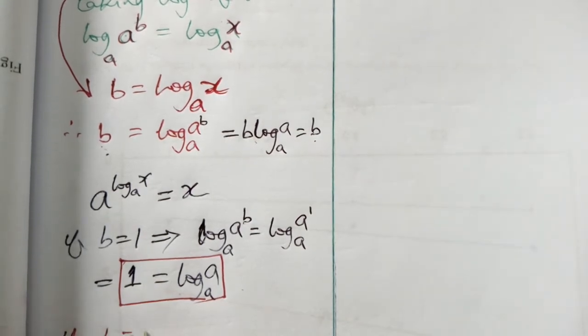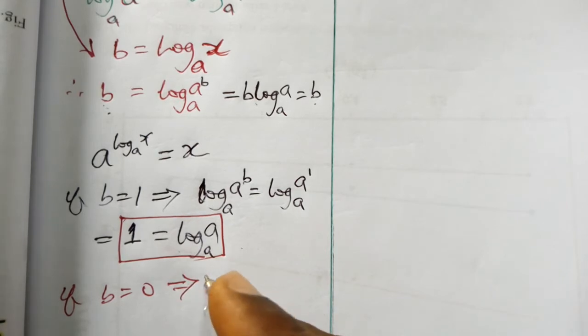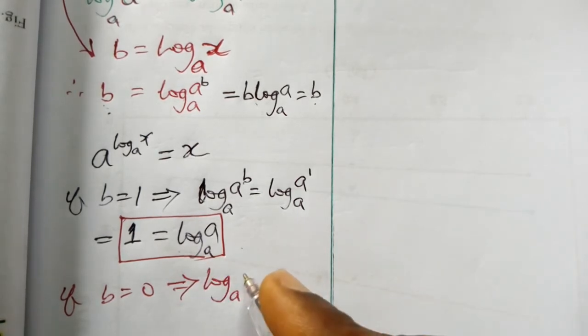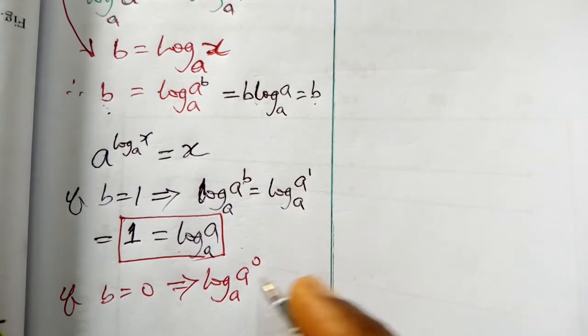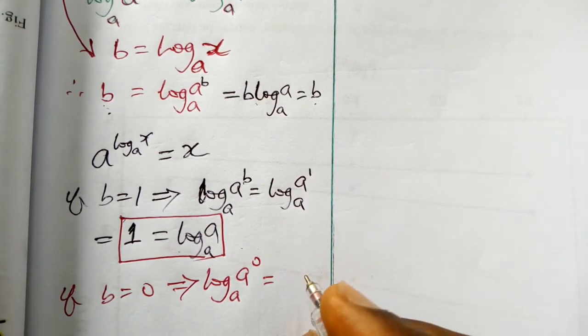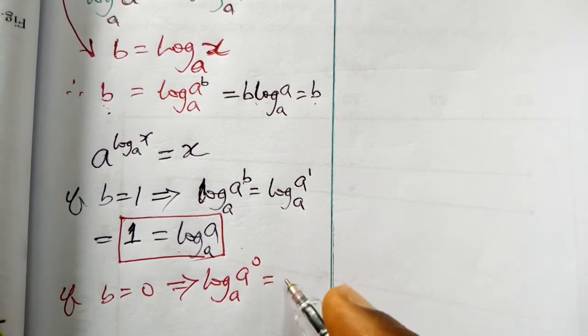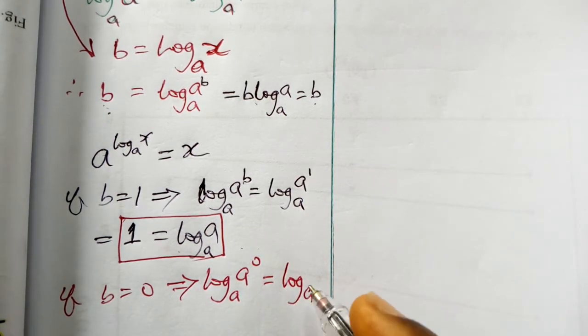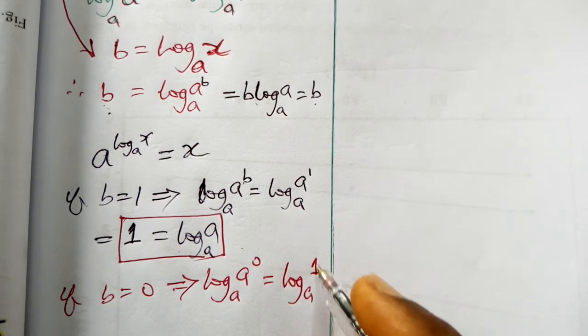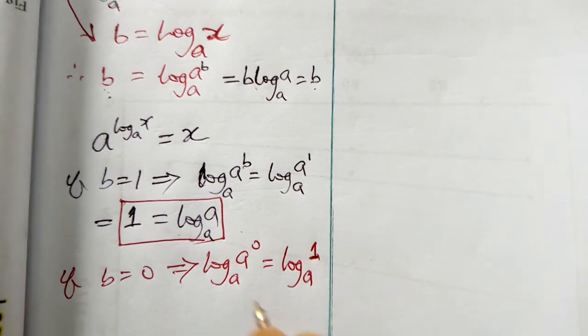If b is equal to 0, it means that log_a of a raised to power 0 is equal to, you know that anything raised to the power 0 is 1, so it's log 1 base a.